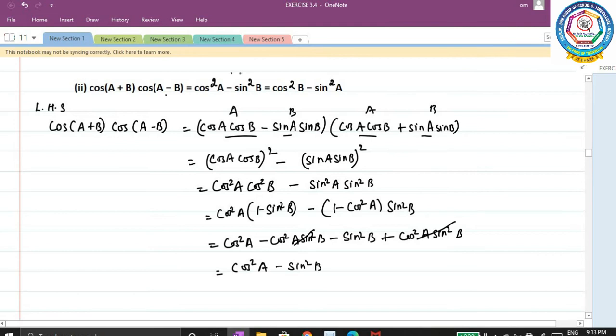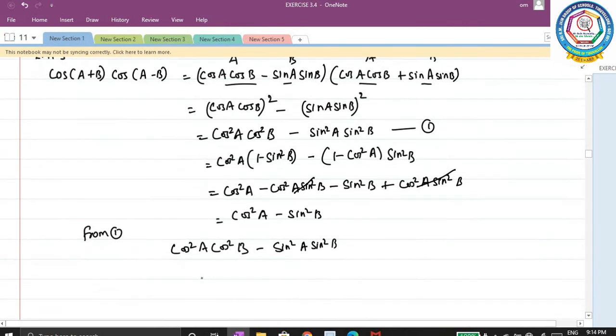This one is proved. Next we have to prove cos square b minus sin square a. Same thing. Here I am going to take this as 1. So from 1: cos square a cos square b minus sin square a into sin square b.